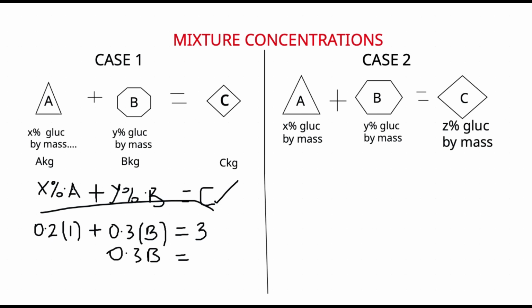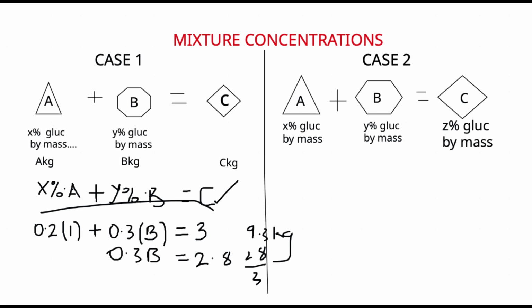Now B will be 2.8 over 0.3, which is the same as 28 over 3. 3 goes into 28 9 times, that's 27, with 1 remaining, so you have 9.3 kilograms for solution B. So this is how you go about it. Whenever you're given a problem where you have any 4 of these variables and you have to find the last one, use this equation and you are fine.